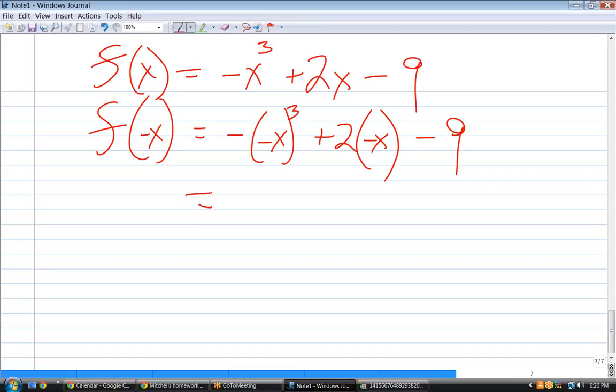Okay, what is this equal to? Minus, it's negative x to, no, it's x to the third plus. Good.